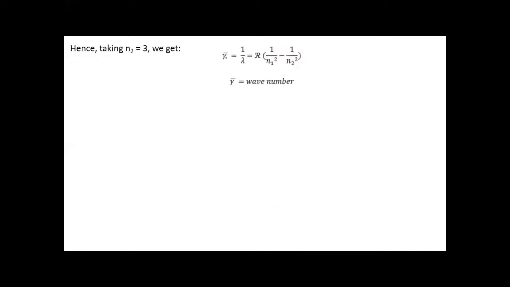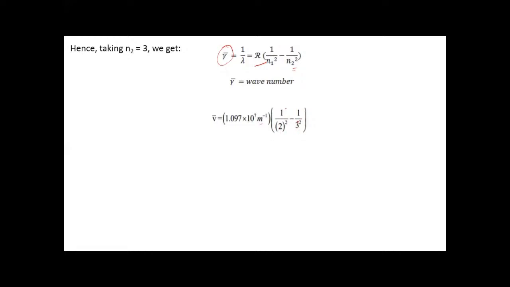In this formula we take the wave number, R is the Rydberg constant, 1 upon n1 square minus 1 by n2 square. So we put in the values. The value of the Rydberg constant is 1.097 into 10 to the power 7 meter inverse, times 1 upon 2 square minus 1 upon 3 square. 2 is n1 and 3 is n2.